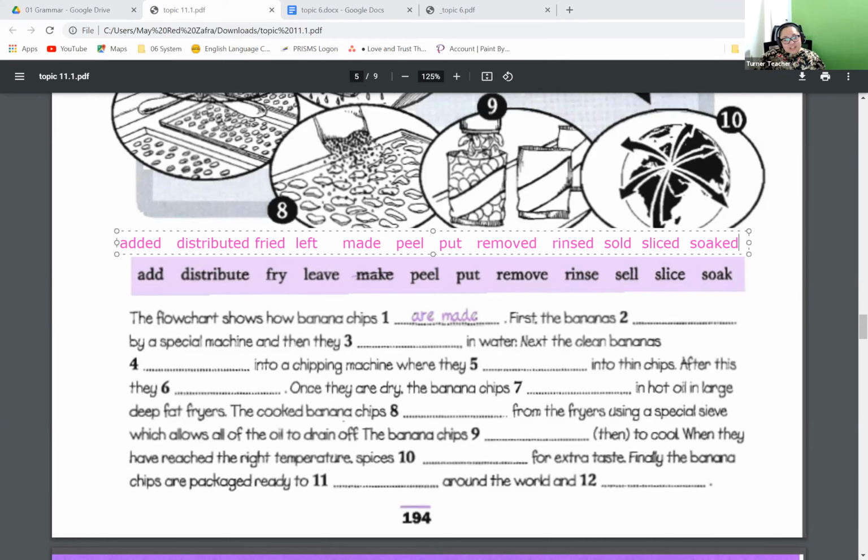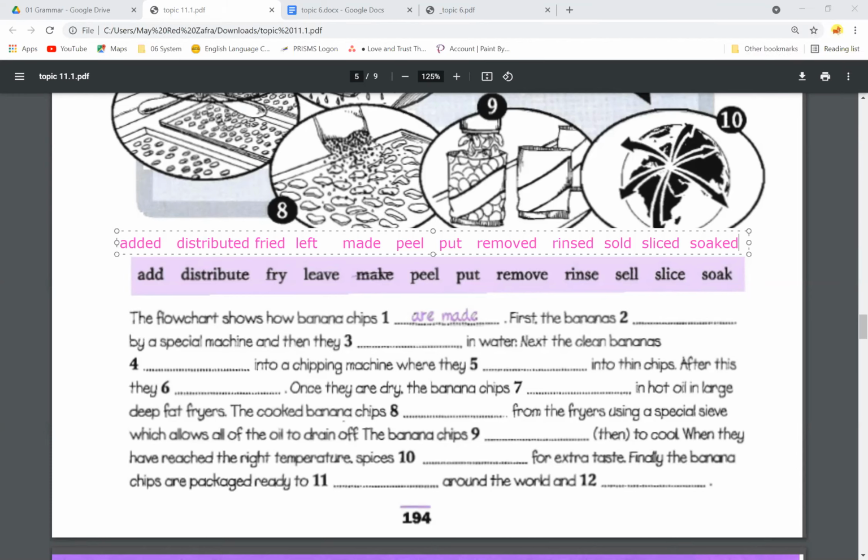Next, Shalu, number 8 and 9. The cooked banana chips from the fryers using a special sieve which allows all of the oil to drain off the banana chips to cool when they have reached the right temperature. Okay, thank you. Next, Jason, number 10.